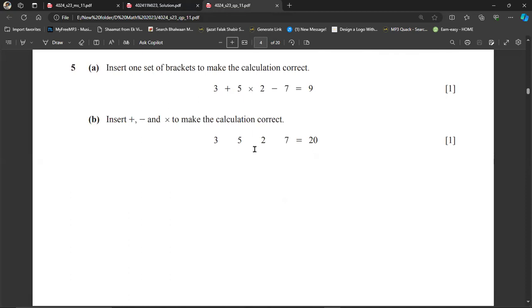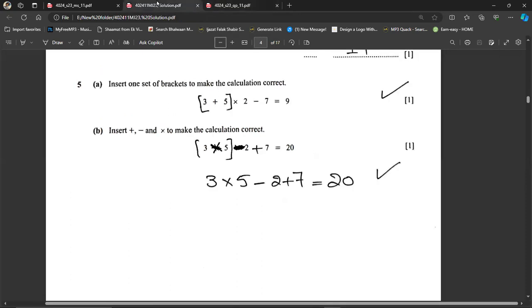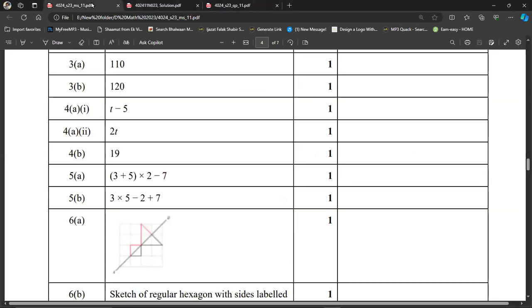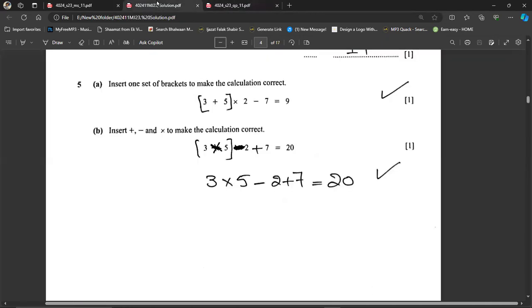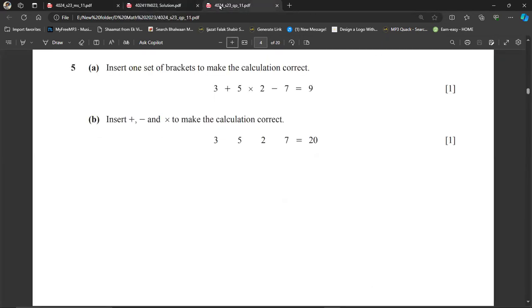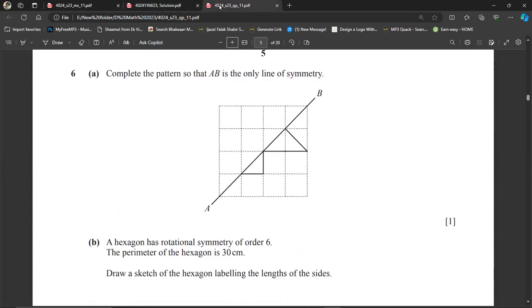If I multiply 3 and 5, you get 15. From 15 subtract 2, you get 13, and if you add 7 to 13, you get 20. It's a little tricky, not that much. You have to pay attention and try, hit and try. Okay, so that was question number 5.